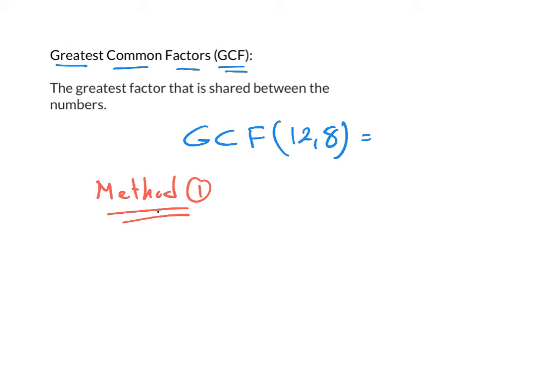We know that for 12, the factors are 1, and 2, because 2 goes into 12 six times, so 12 is divisible by 2. We can also have 3.